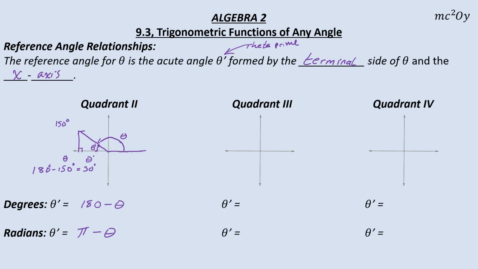Okay, quadrant 3. So let's say we start here and we cruise on over. We're down here now. Okay, and so this is theta. And so let's say this was 250. And I want this angle right here. This becomes my reference angle. So this chunk right here is theta prime.